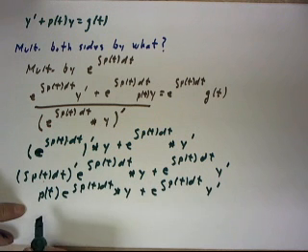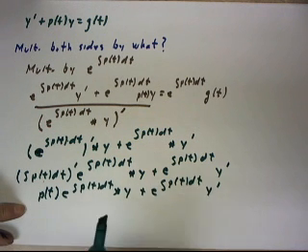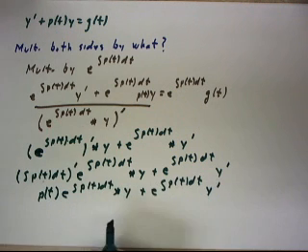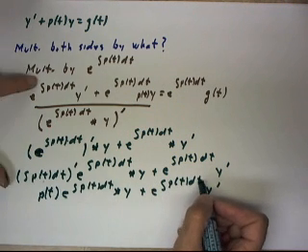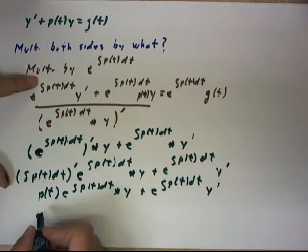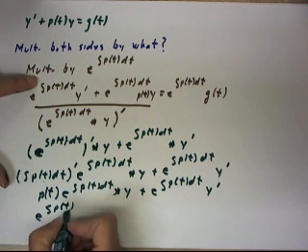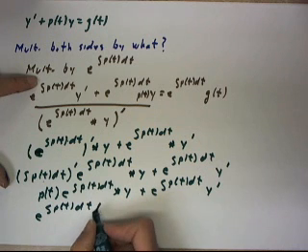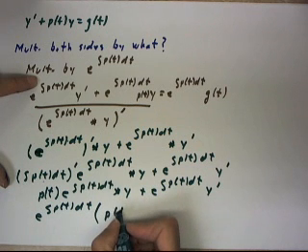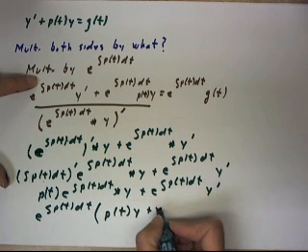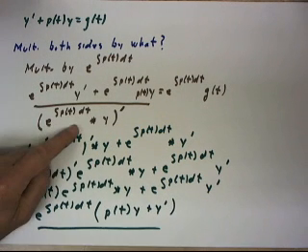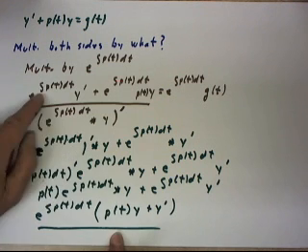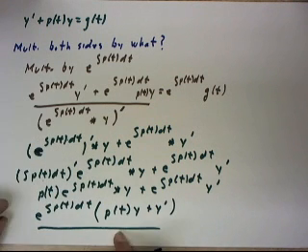If we factor out e to the integral p of t dt, we get p of t y plus y prime, showing that the derivative of this is indeed the left-hand side of this equation.